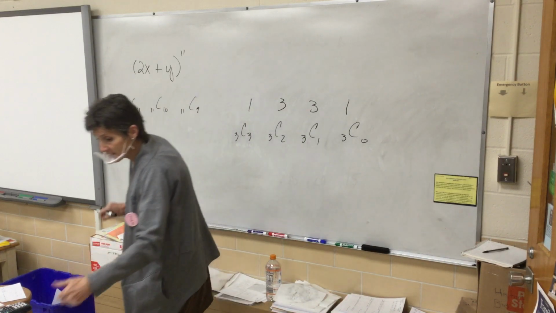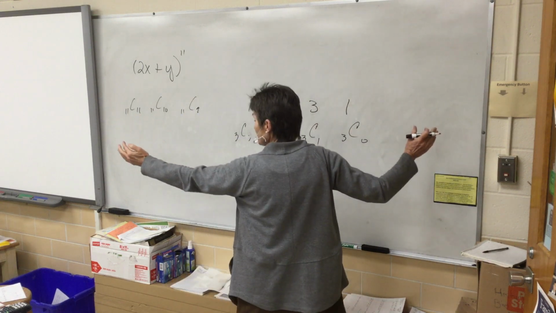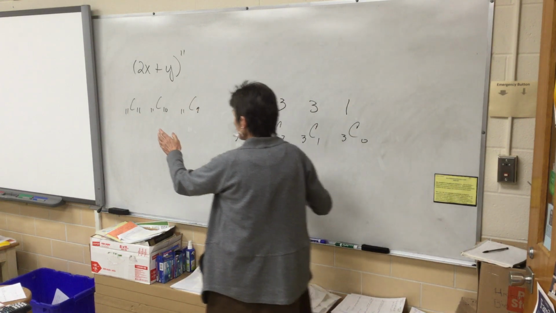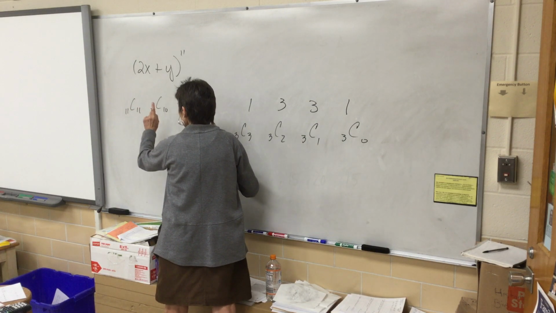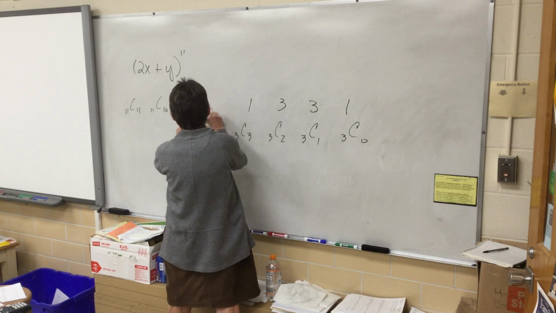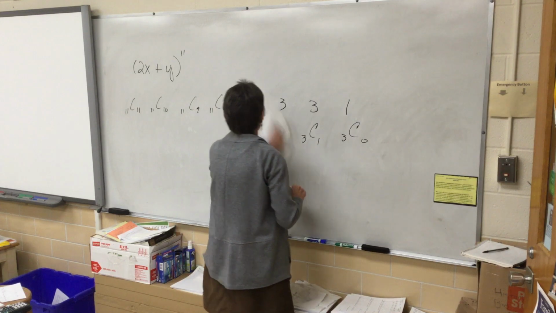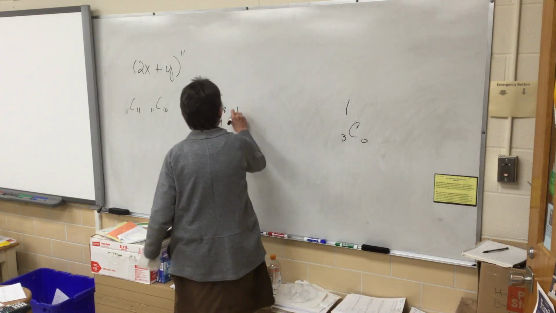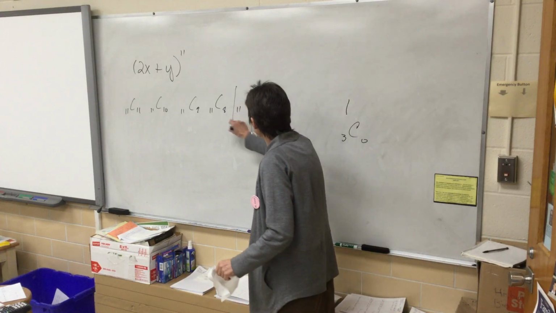So this says, find the 5th term. I don't need the whole thing. I only want the 5th term. So the first term will have an 11C11, second term 11C10, third term, fourth term, fifth term. This is the number I want.